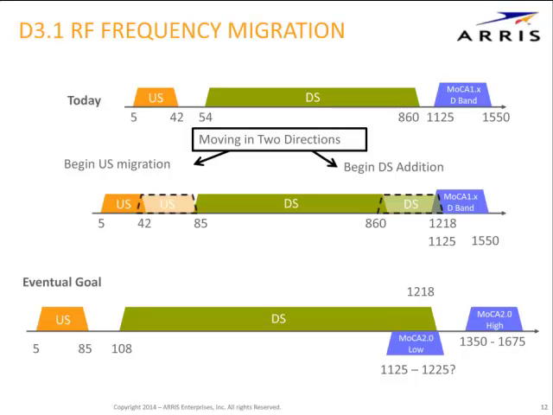And in the downstream, the lowest part of the downstream will end up being given up so that you can get that expanded upstream. But on the high end of the downstream, there's a lot of other things that can be done. And I'm going to talk about these two changes and how they can affect you in the home installation.